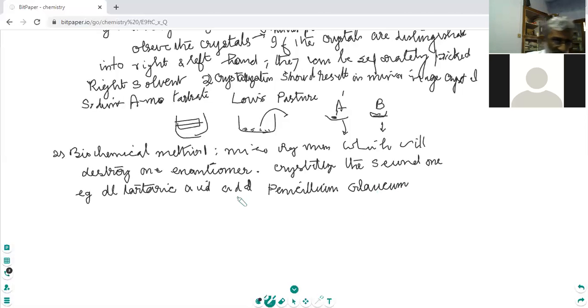What Penicillium glaucum does is it destroys the D isomer, and L will be left behind. So L is separated.